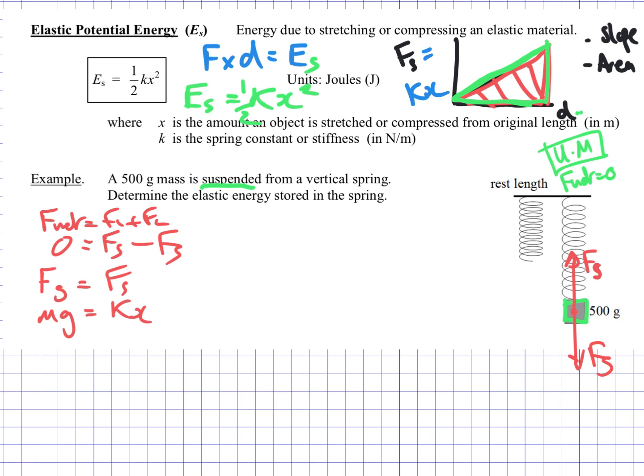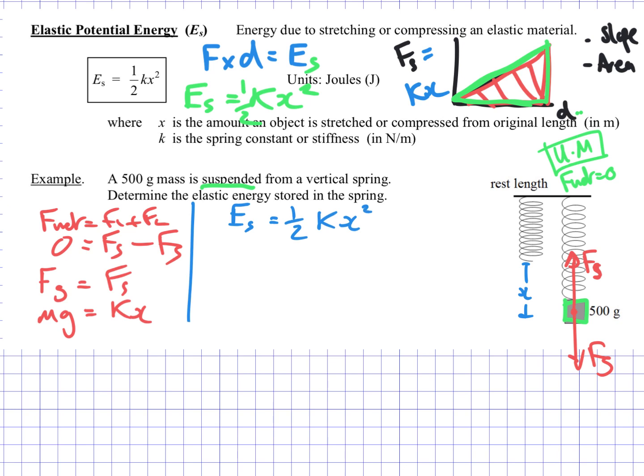Now, the amount of energy this system will have is going to depend on the displacement and, of course, the spring constant. So let's restate the equation for the energy. It's going to be 1/2 k, the spring constant, times x squared.